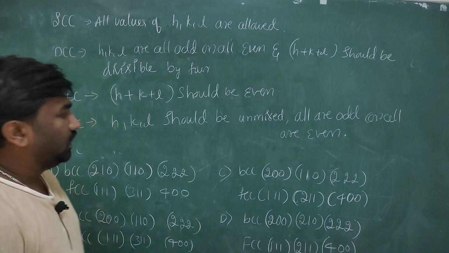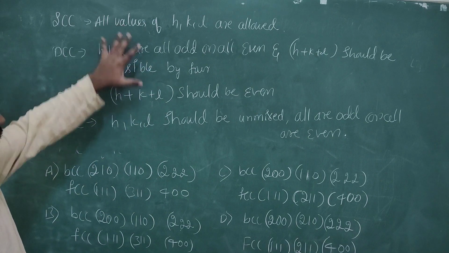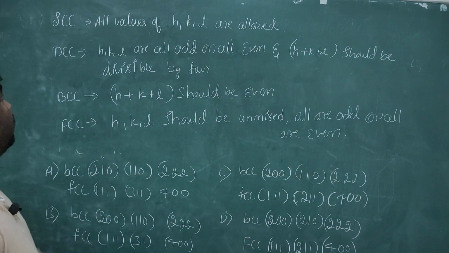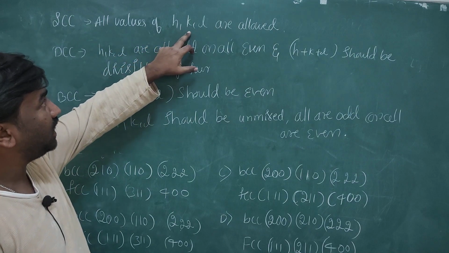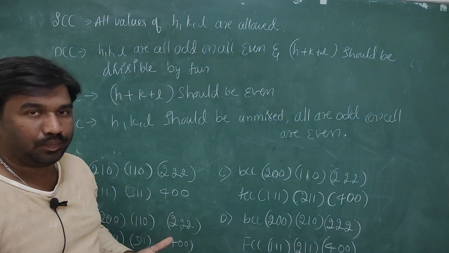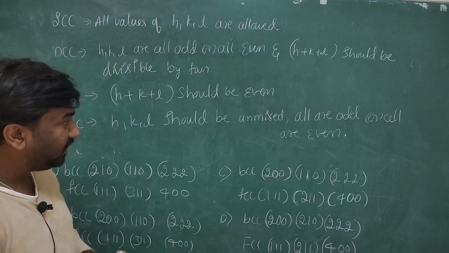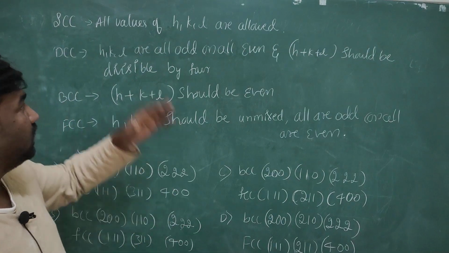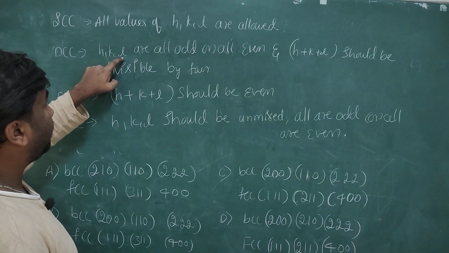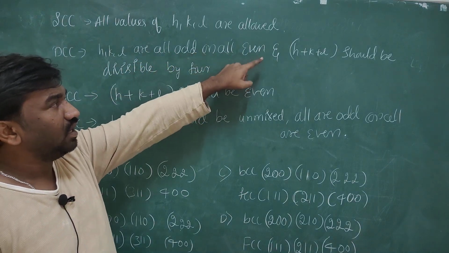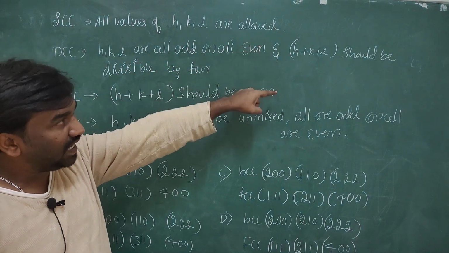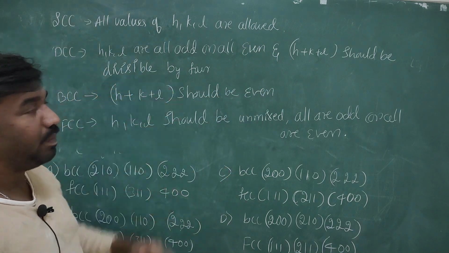So, this is the explanation for these options. For a simple cubic cell, all values of h, k, L are allowed. For DCC, the diamond cubic structure, h, k, L are all odd or all even, and h plus k plus L should be divisible by 4.